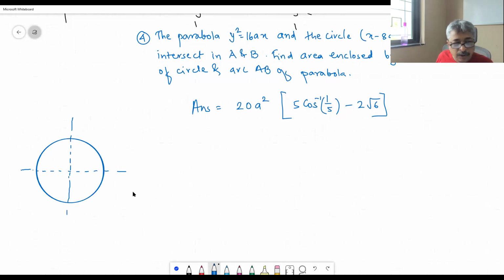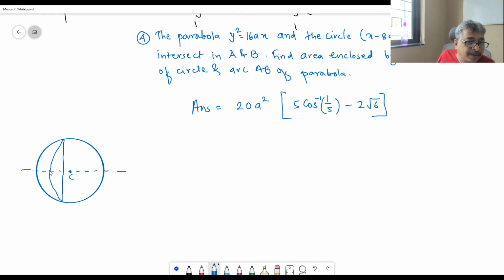This is the center of the circle, let me call it as C. Then there is a parabola which is cutting like this.